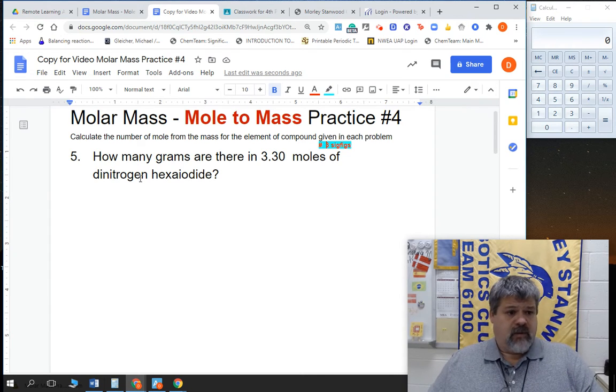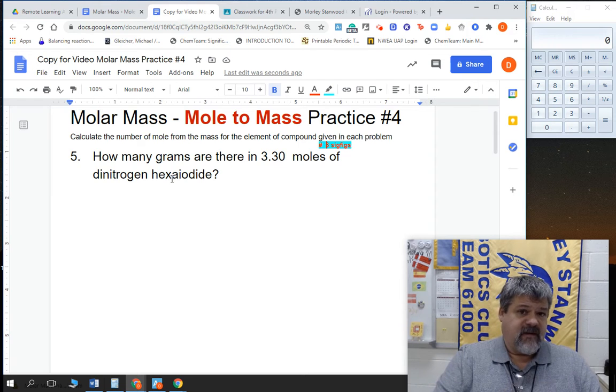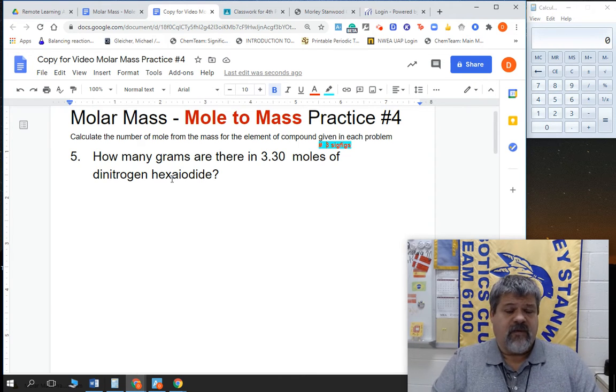So right away I look at it and I see di and hexa. So we have to write in whatever the prefix is as the subscript for that particular element. And the reason we know that is because when we do nomenclature for type 3, prefixes mean that's how many of that particular element we have.